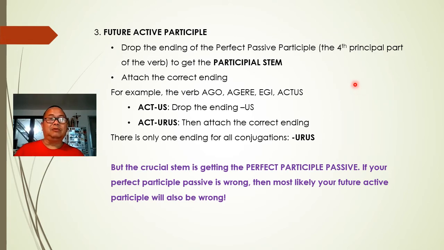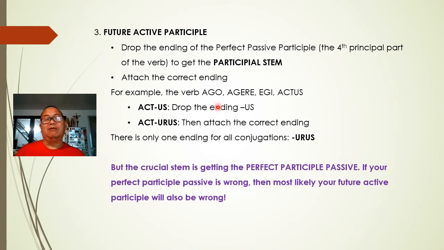Step number 2, to the participial stem, you will attach the ending urus. So, that applies to all four conjugations, including the special IO verbs of the third conjugation; all of them take urus in the future active participle.